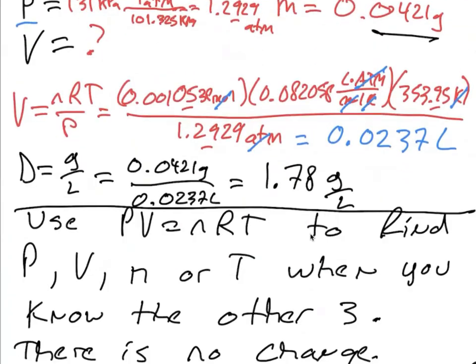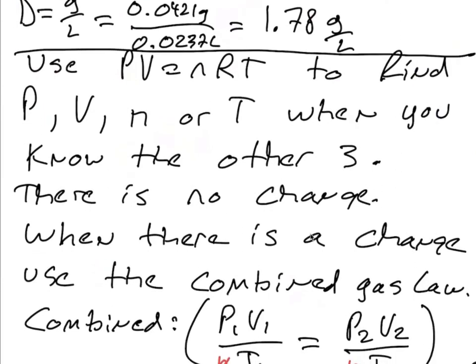Okay, and so our recap was: the ideal gas law is to find the fourth property when you know the other three, and then there's no change. If there's a change, if there's an initial, final pressure, temperature, volume, then you would want to use the combined gas law.